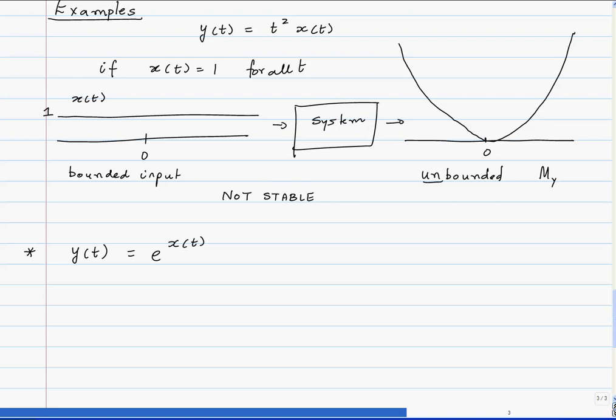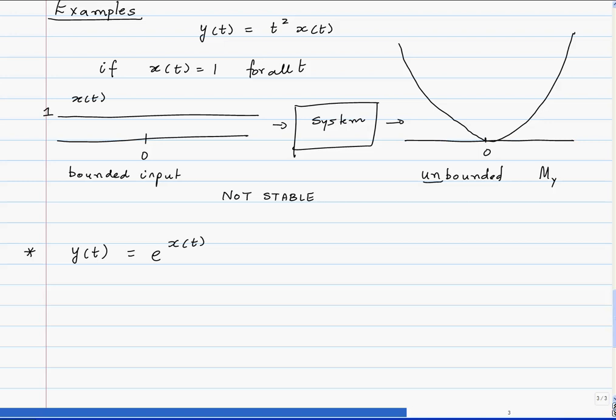Now, if I look at this system, what is it doing? You take the input and raise e to this power, and that's what gives you the output. So if y has to become unbounded, is it possible that I could make y unbounded by picking a bounded x of t?